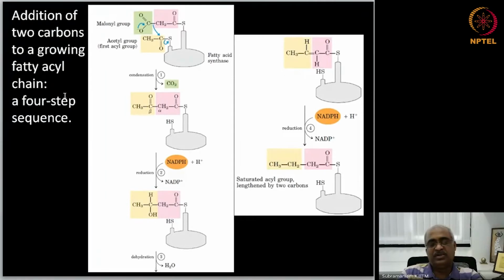Okay, so acetyl-CoA, two carbons at a time, gets added, just like the way beta oxidation broke the fatty acid chain, the aliphatic chain, two carbons at a time. This carboxylation to generate the malonyl group is actually making it an active molecule for this reaction.